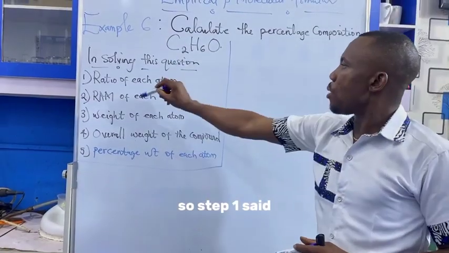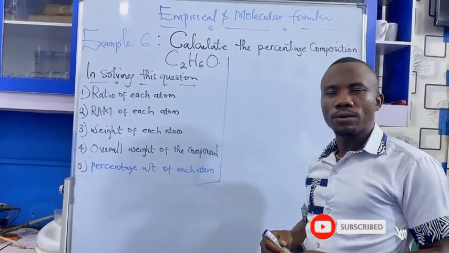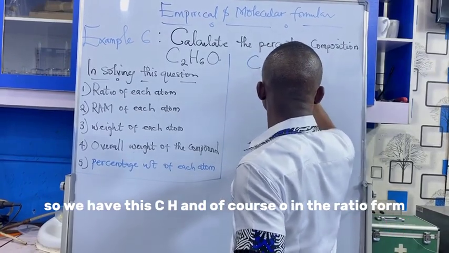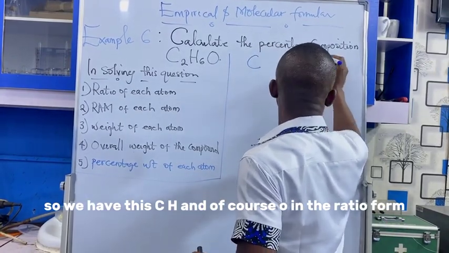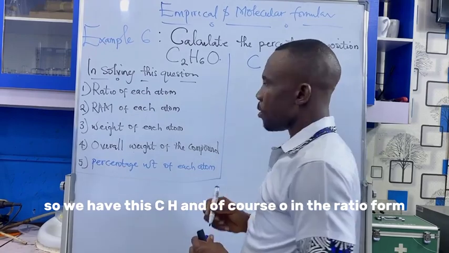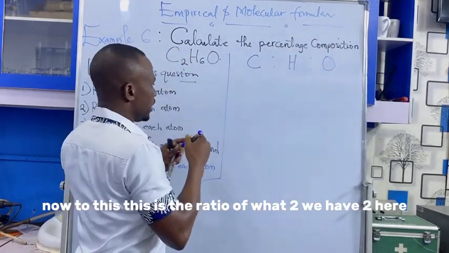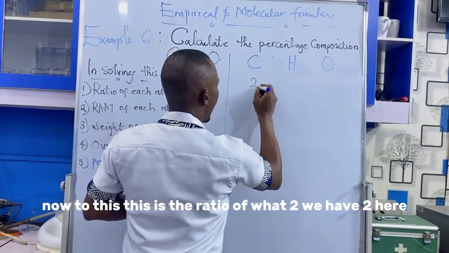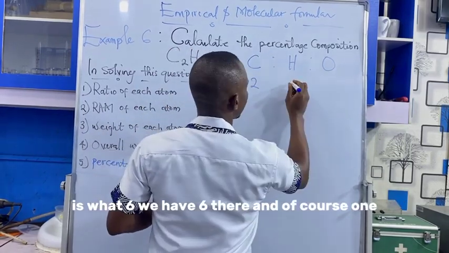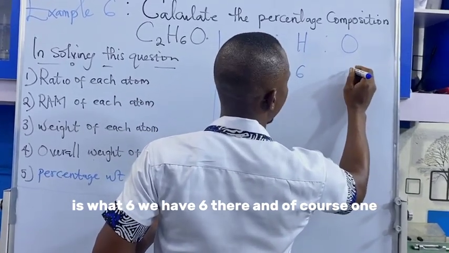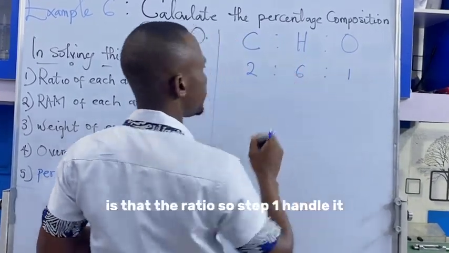So, step 1 said take the ratio. So we get the ratio of each of them. We have C, H and of course O in the ratio form. What is the ratio? We have 2 here, is to 6 there, and of course 1. These are the ratio.